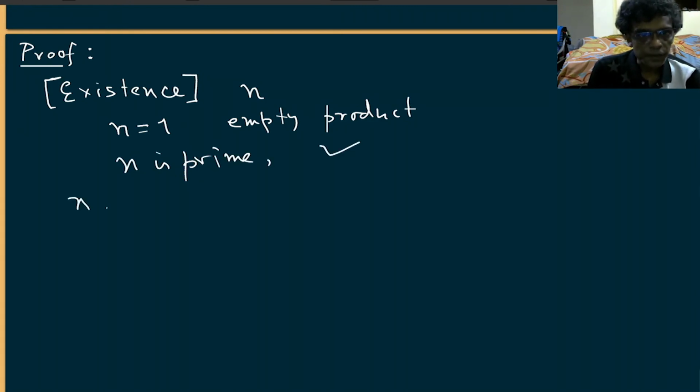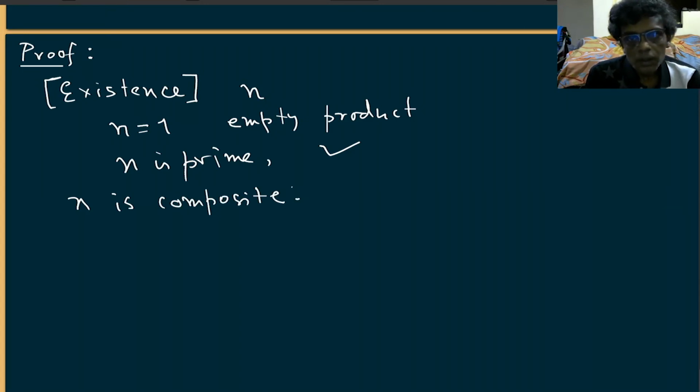So, suppose that n is composite. Actually, I am proceeding by induction, strong induction. So, this is the basis case. If composite, n can be written as n1, n2.